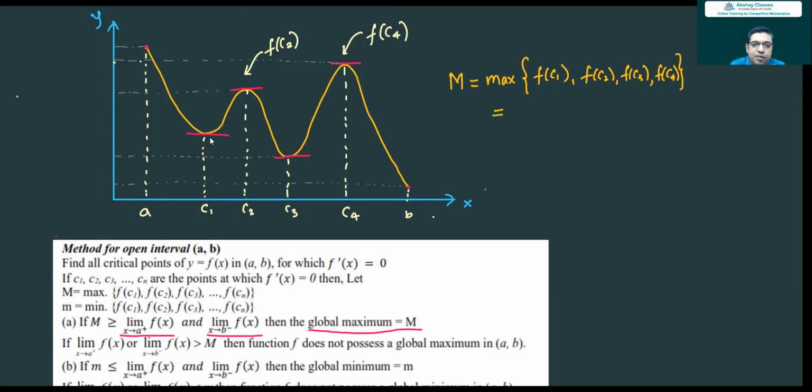Amongst these four, the largest value is f of c4. This is the maximum. Now, we can observe that A and B are not included.